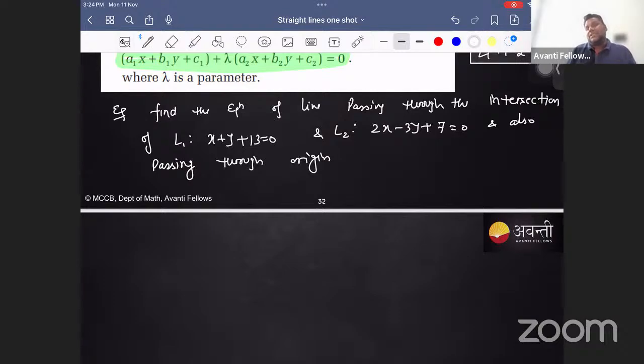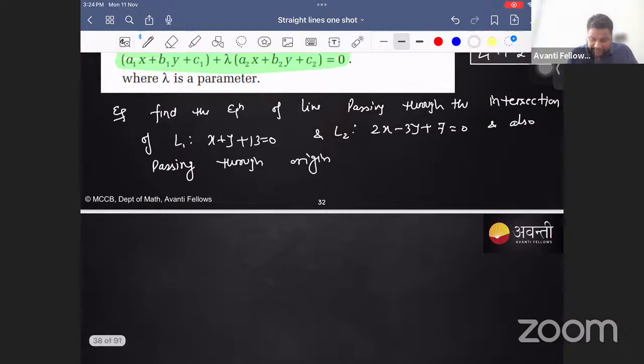So one way is we find the point of intersection of these two lines. The other way is to write the family of lines: x plus y plus 13 plus lambda times (2x minus 3y plus 7) equal to 0. Now out of this family, I want that one line which is passing through the origin. So make it pass through the origin.